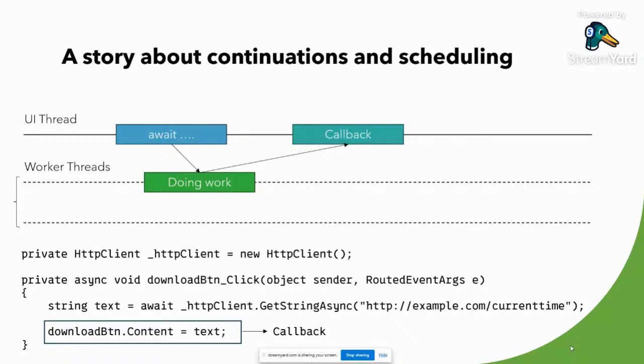Why? Because every time you write await, a state machine gets created. If you can just return the task, then the method that calls into this method also has a state machine, because that awaits this one. I basically only need one state machine to keep track of the state. So it's an optimization.